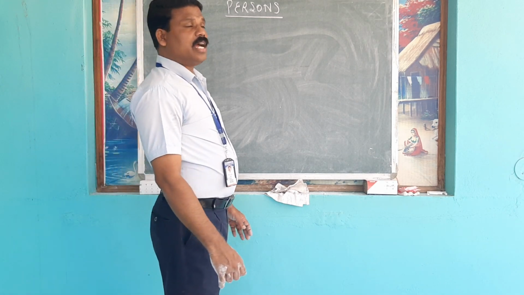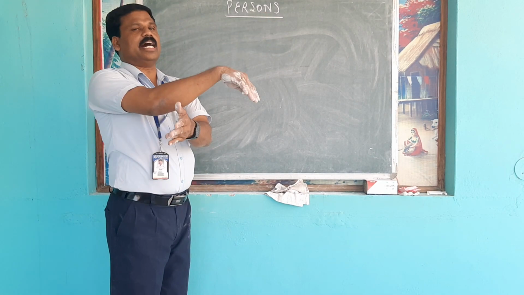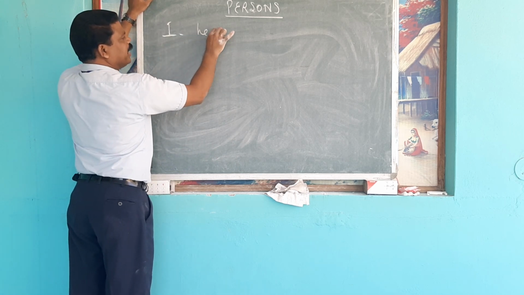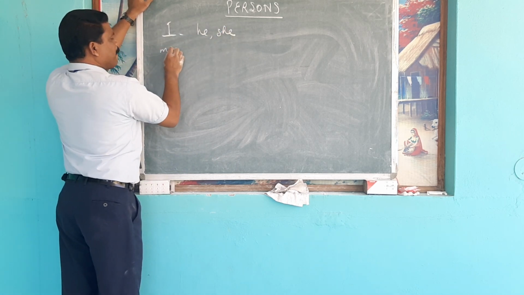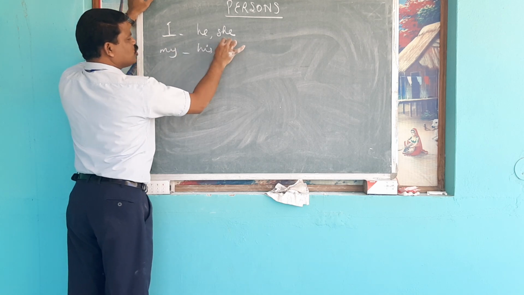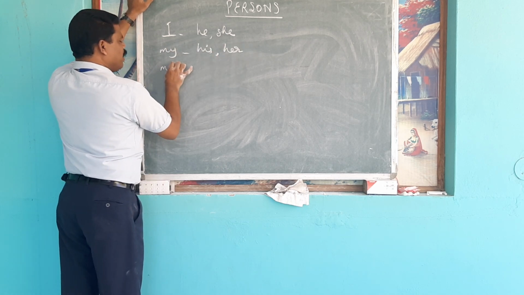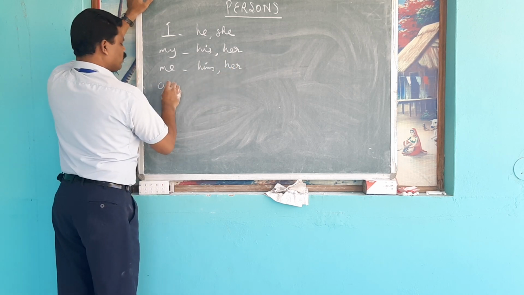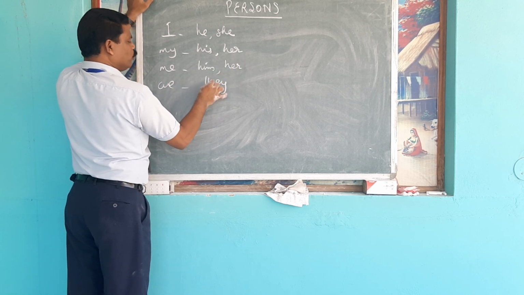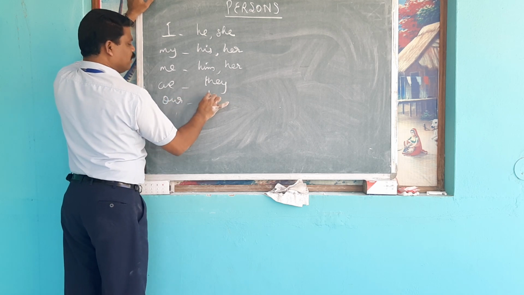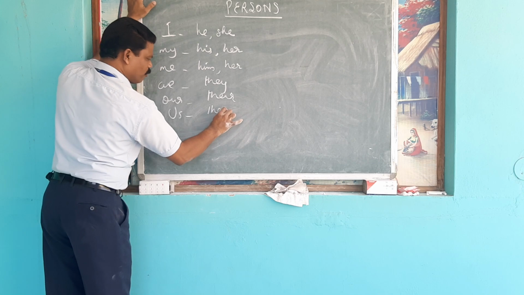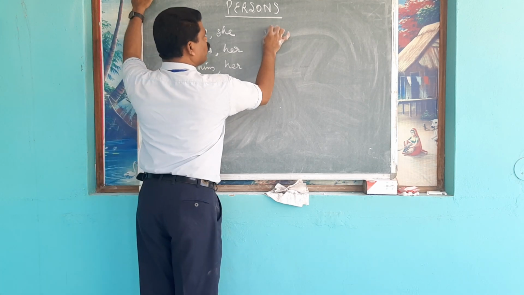Now let us see how the persons are changed. I will change into he or she. My will change into his or her. Me will change into him or her. We into they. Our into their. Us into them.